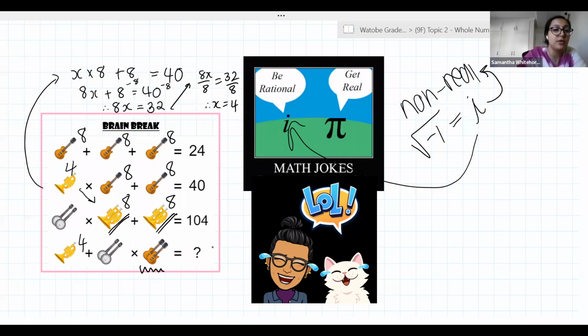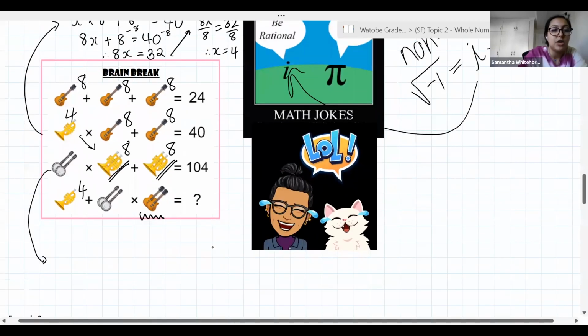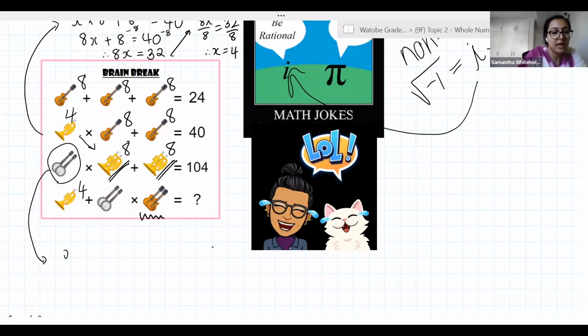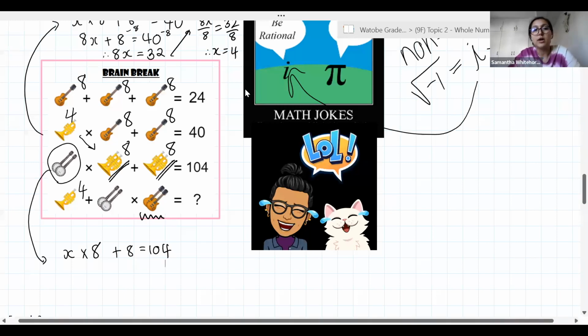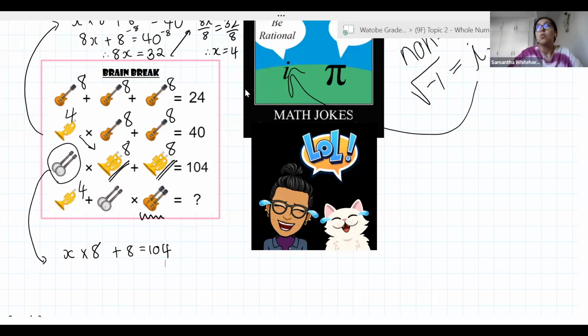And so now, again, if we wanted to, we could set up an equation. We have got the banjos, so let's call that our X now, times the 2 trumpets, plus 8 equals 104. So we can now go and try and figure out what the double banjo is. Do you want to try it again? Okay, I can ask someone else if you don't want to. Okay, ma'am.